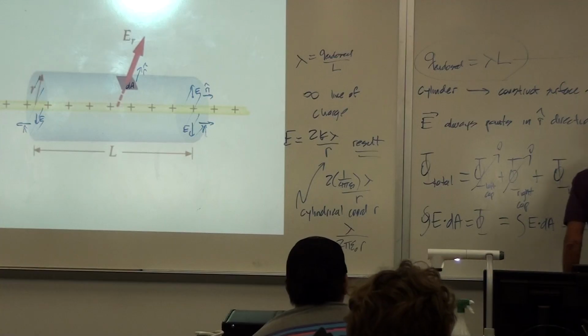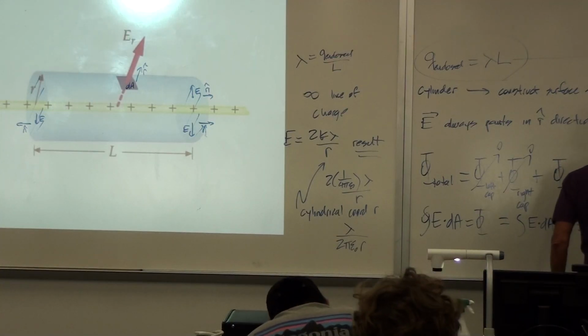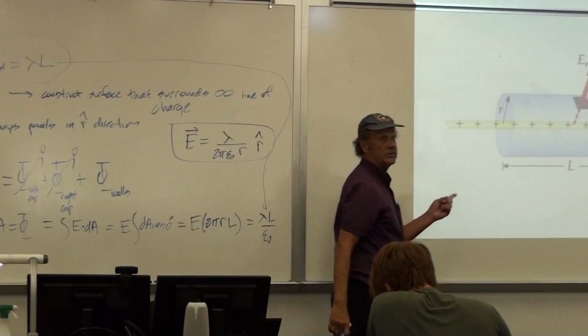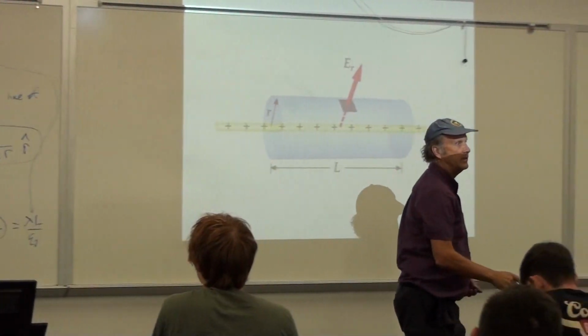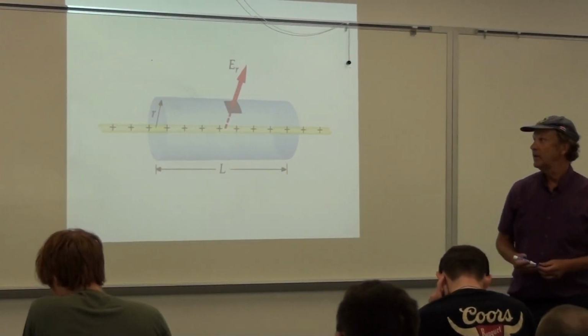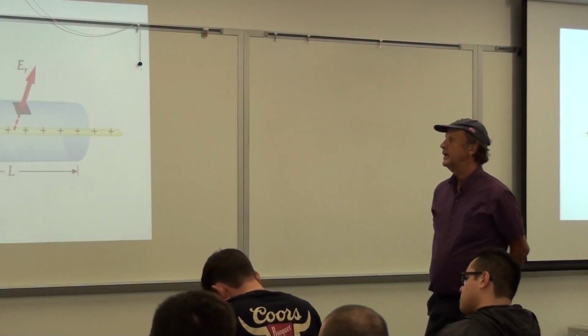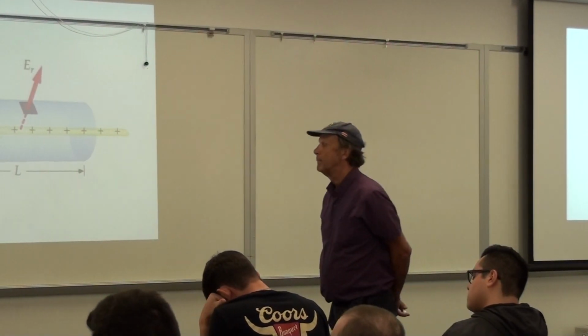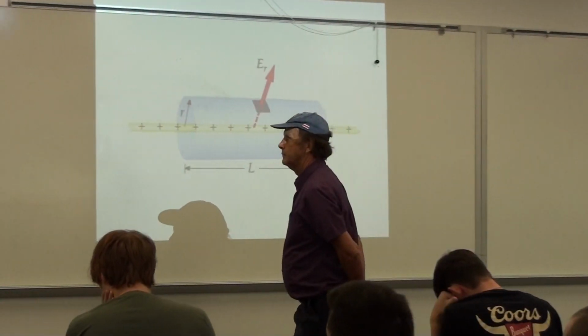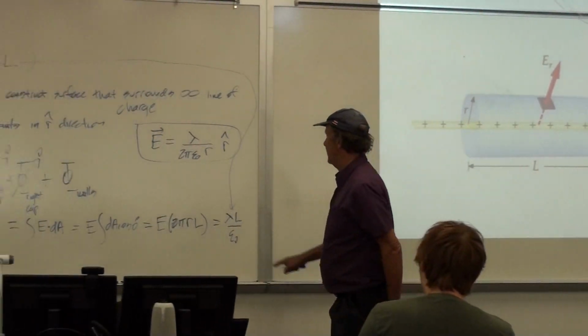Same thing as what I got here. So instead of doing all that nasty integration of all the different little charges, I've been able to do it in one step. One single step, and I'm done.